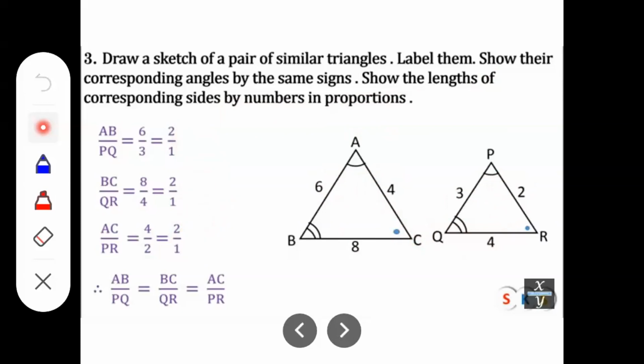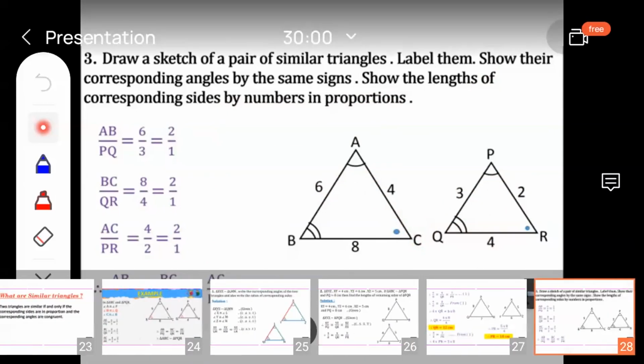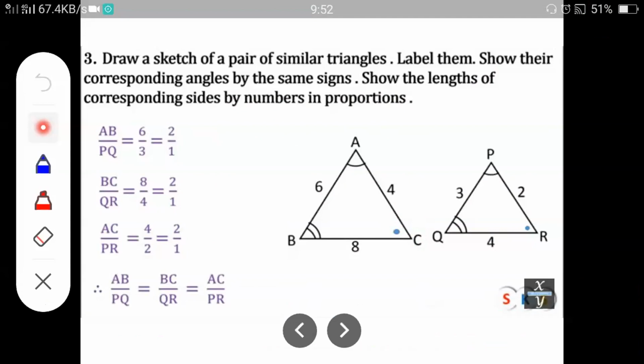So here we complete practice set 3.5. All the examples from these two practice sets will come for 1 or 2 marks. Understood? So here we will stop.